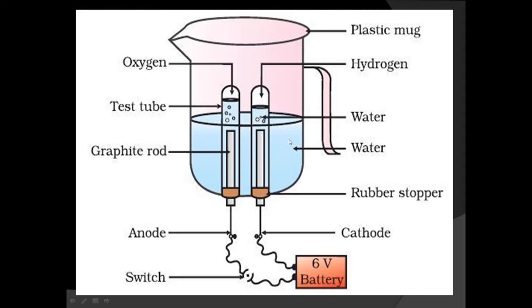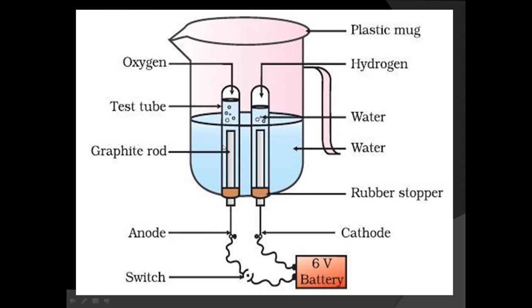Here we have taken a mug which contains water, and with the help of pins we are inserting the graphite rods, and we have kept the inverted test tube over it. These pins or electrodes are connected to the battery. As you can see, 2 terminals are there, anode and cathode. Cathode is the negative terminal, anode is the positive terminal.